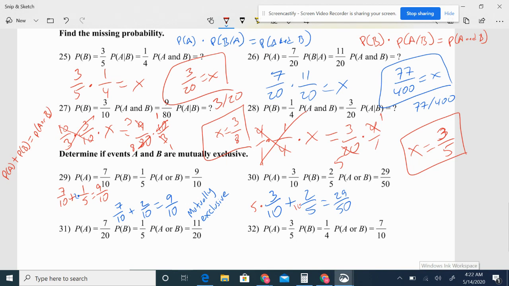My second fraction, I'm going to multiply everything by 10. I want the denominators to be 50, so I have that 15 over 50 plus 20 over 50 is equal to 29 over 50. Is that true? All right, is 15 plus 20 equal to 29? I know this is not true. Therefore, I'm going to say it is not mutually exclusive.